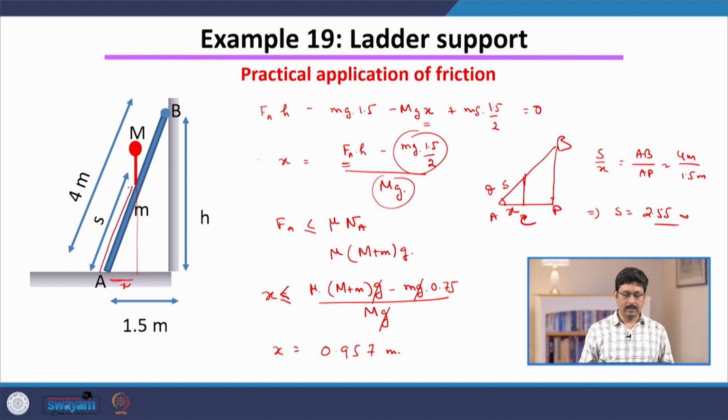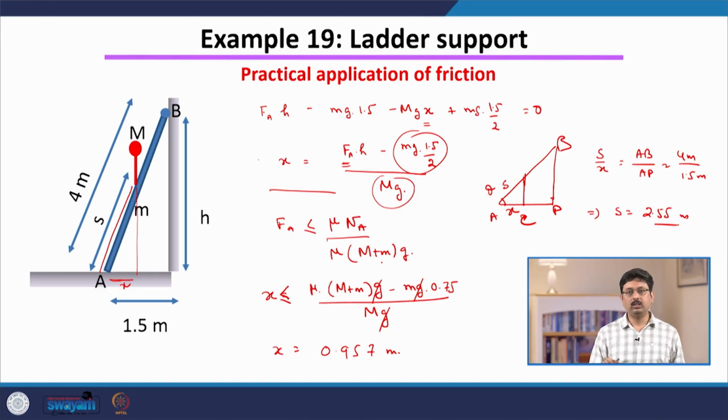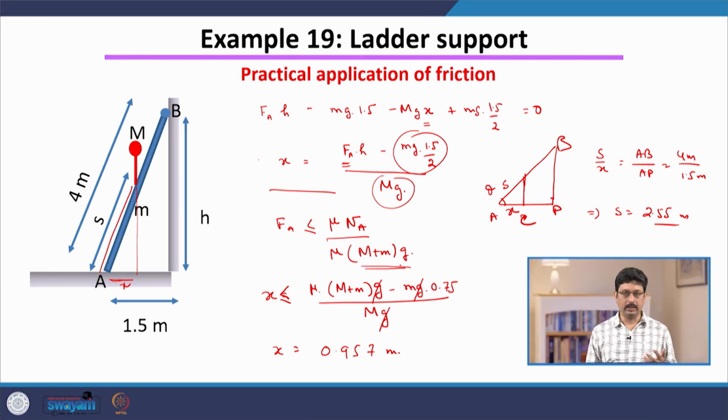If the painter's position is lower than this value of 2.55 meter along the ladder, then from this analysis we can see that the frictional force is also less than mu times N_A. No matter where the painter is climbing, N_A always remains the same from the force balance.